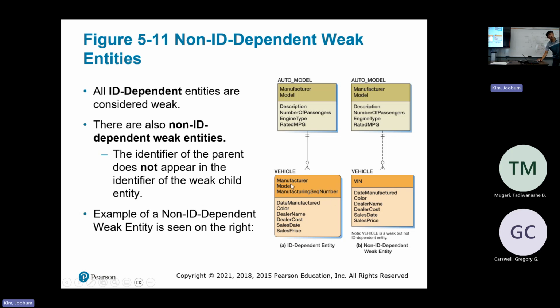But to identify the specific model, F-150, 250, and 350, the manufacturer and the model primary keys are used as the primary key in the ID dependent entity. But sometimes two, three or more keys should be combined to identify F-150, 250, 350, or 450, 550, and so on.